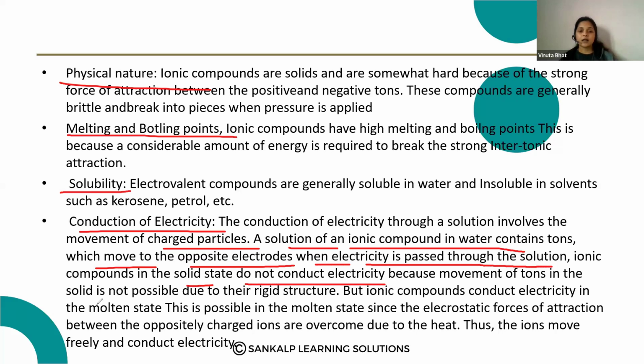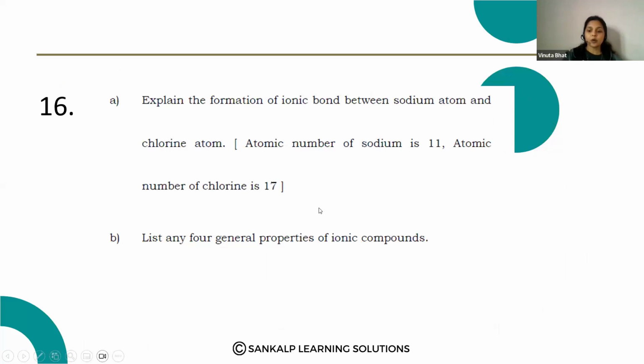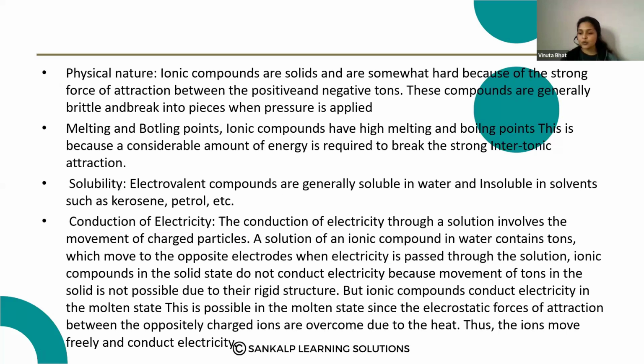But in the molten state, this is possible. In the molten state, electricity is carried by these ionic compounds. So these are the physical natures and general properties of ionic compounds. Very important. Repeatedly this question was asked in different question papers.